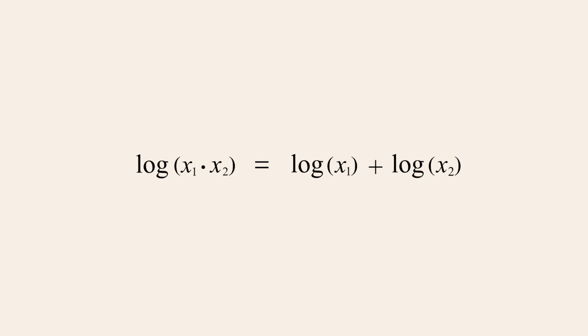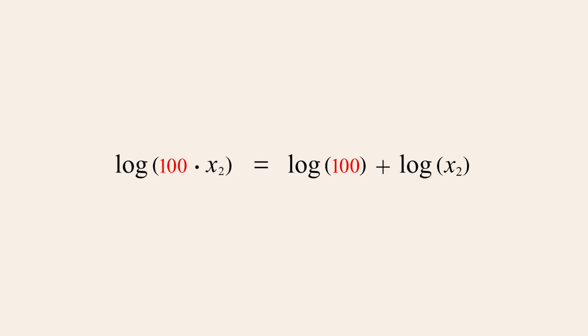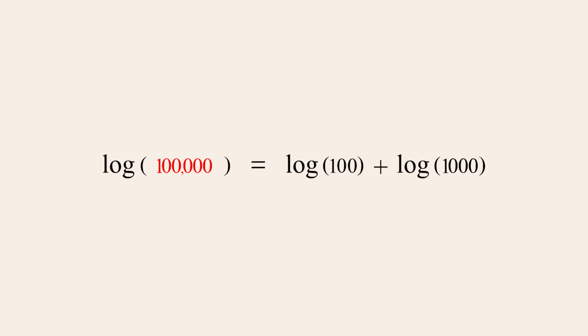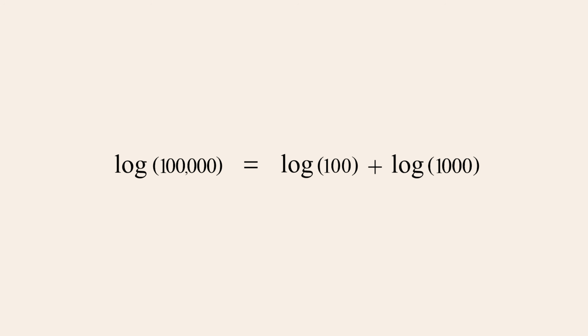and give x1 a value of 100 and x2 a value of 1000. 100 times 1000 is 100,000, and the base 10 log of 100,000 is 5.